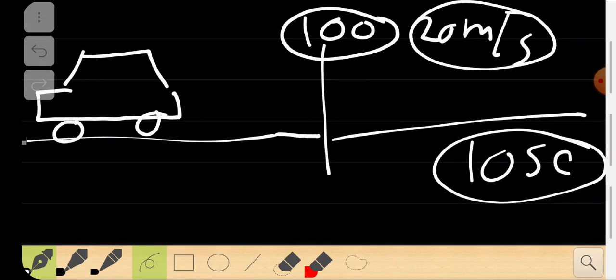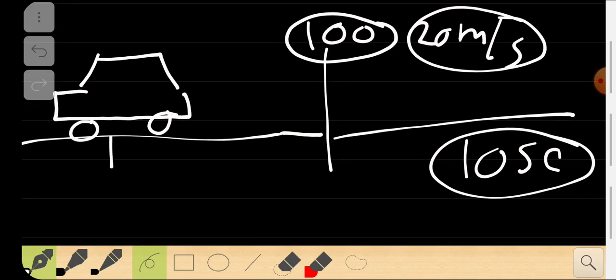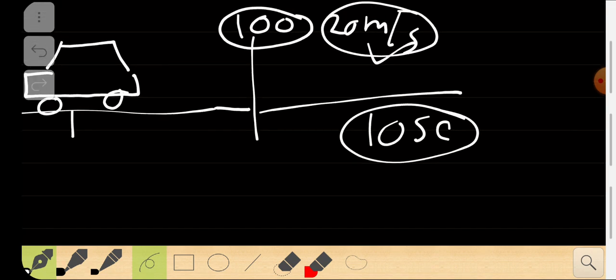So it travels from rest, zero velocity, to 100 meters distance, and when it reaches 20 meters per second, it will go in a straight line and the velocity will not change afterwards. It will remain the same for the rest of the journey, 10 more seconds.